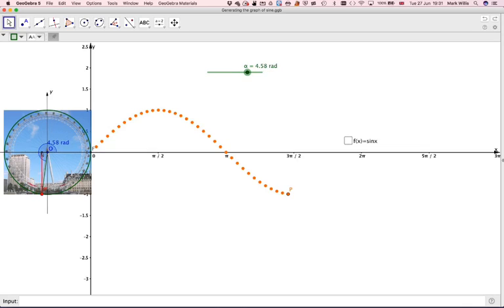Okay, and then at 270 degrees or 3 pi by 2, this distance will be minus 1, because you're going down. And then in the fourth quadrant, the distance gets smaller, and again you get back up to 0. And if we click on that, this is what's known as the graph of sine. If we were to go around another time, the graph would just repeat itself.